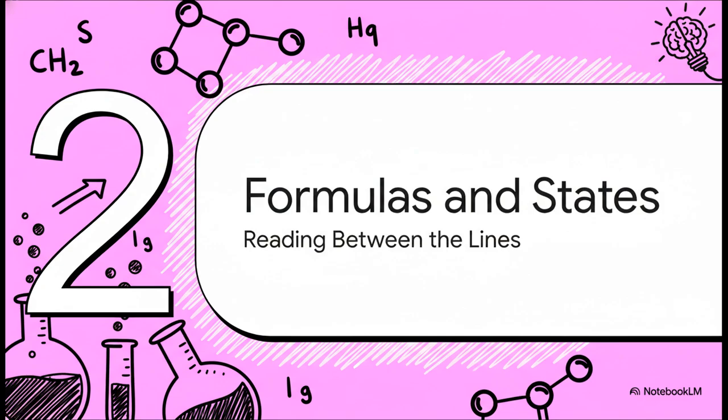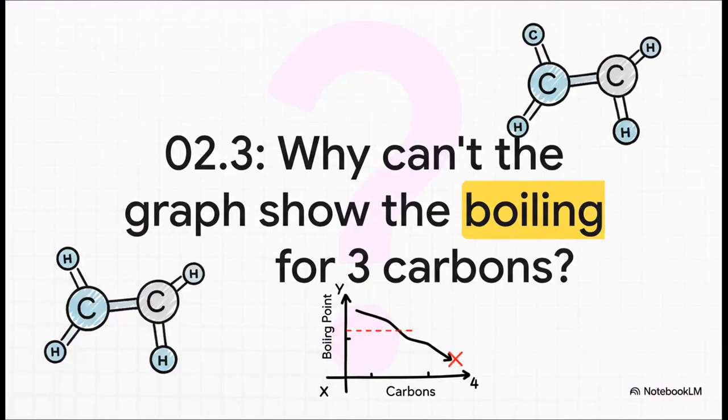All right, let's move on from the graph itself. The next couple of questions are designed to test if you can apply your chemistry knowledge to the data we've just been working with. Now, this is a great question. It's testing if you understand the limits of the graph you just drew. It asks why your graph isn't suitable for showing an alkane with only 3 carbons. Well, if you look at the trend in the table, the boiling point drops as the carbon atoms decrease.